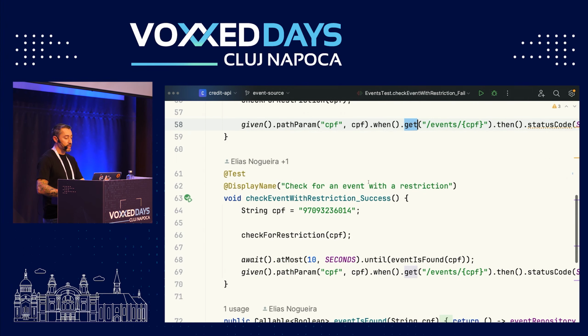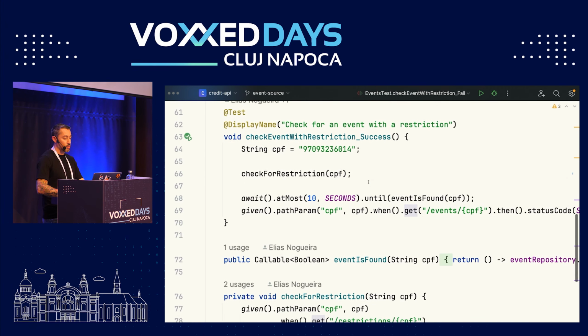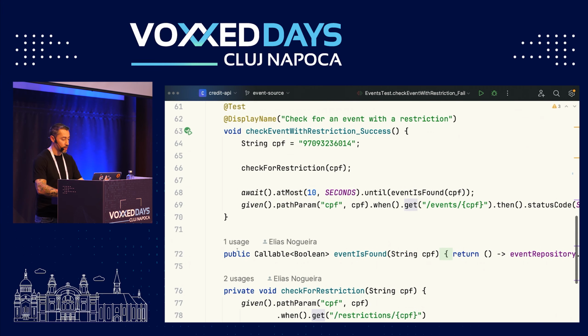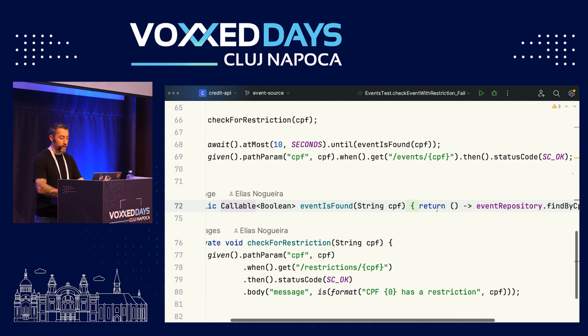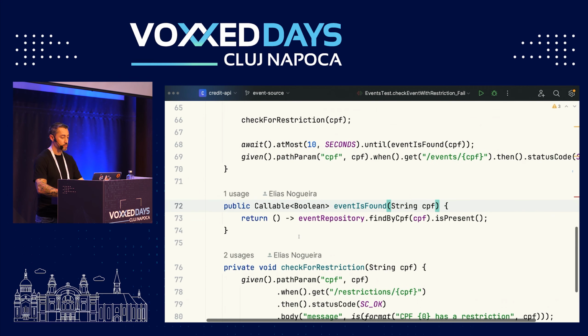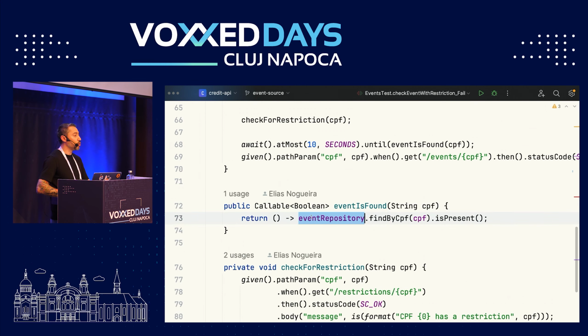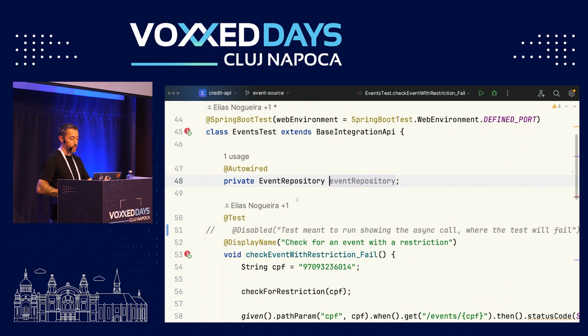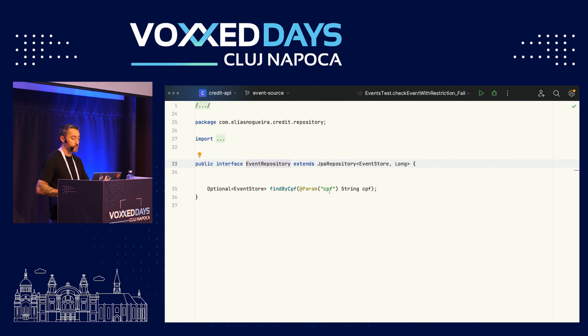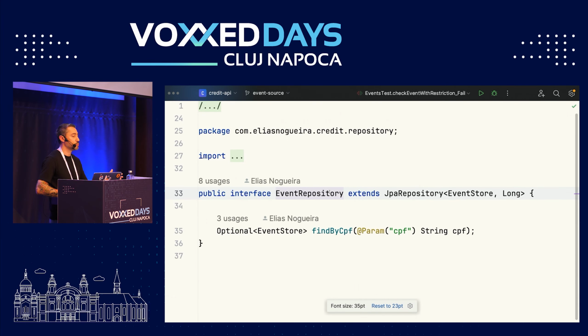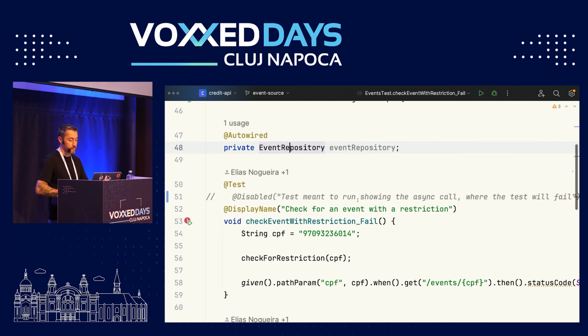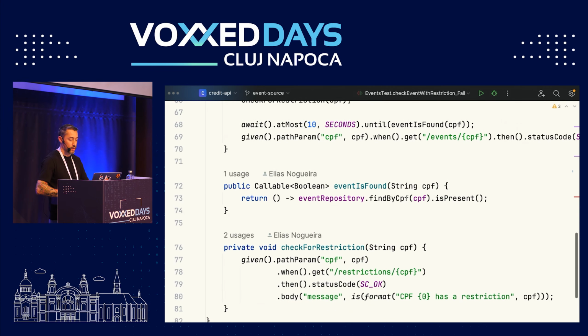What I'm doing here is, I have this callable class from this utility where I'm going through my repository, an easy one, right? Find by CPF, super easy. And I'm trying to find the data that I'm trying to get.